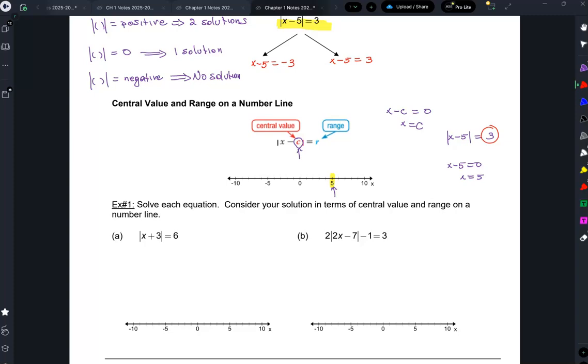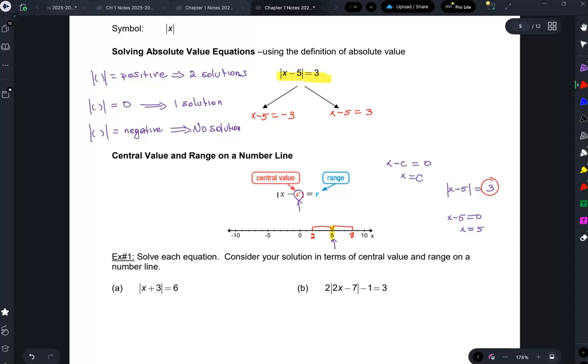So from that, if I go 3 units over and 3 units over, what values do I land at? 8 and 2. So now, what do I get when I solve these equations? 8 and 2. That's how that comes together.